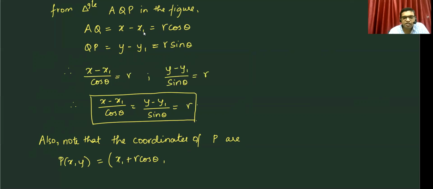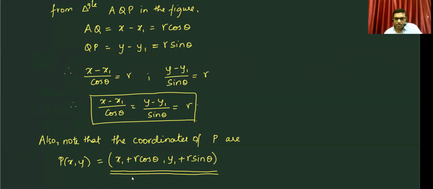From AQ, take x1 to the other side, and from QP, take y1 to the other side: y1 plus r sin theta. So any point P on the line at a distance of r from the point (x1, y1) will be this. So right now, today's class was full of results.